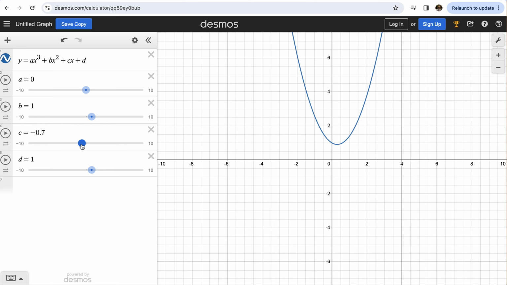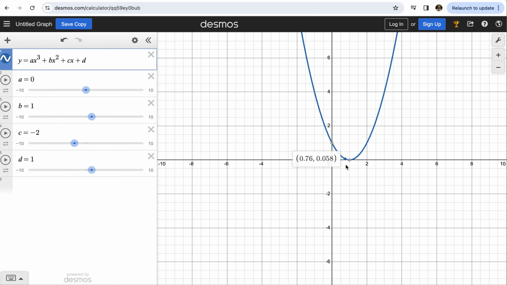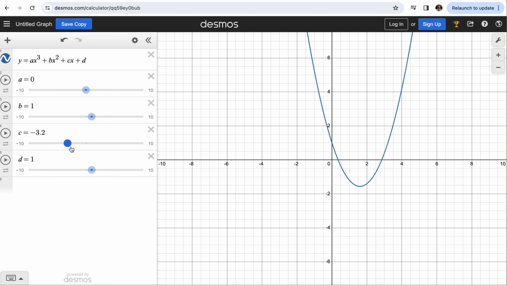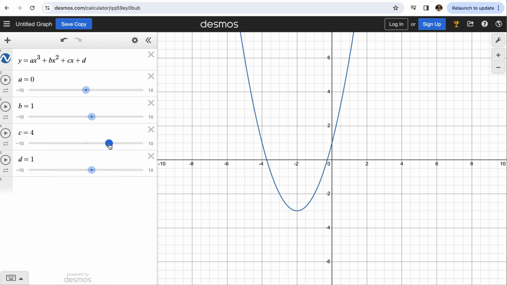And if I make it -1 or -2, now it looks like it has a slope of -2 right there, going down 2 for 1. Whatever I make C be, that controls the slope.